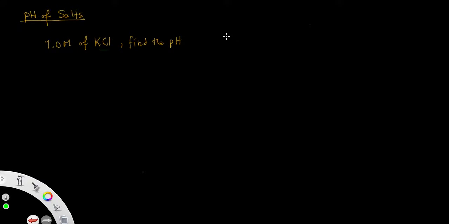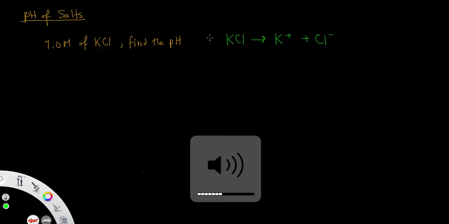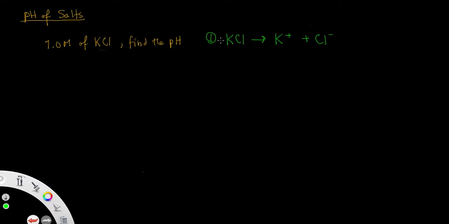So potassium chloride will dissociate into a potassium ion, K plus, and a chloride, a Cl minus ion. This is our first step, dissociating the salt.